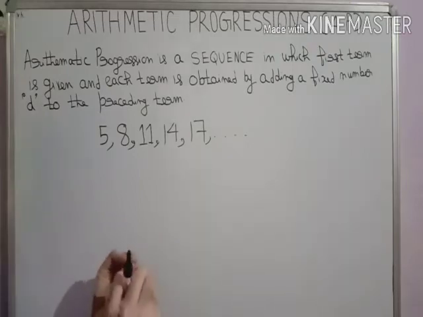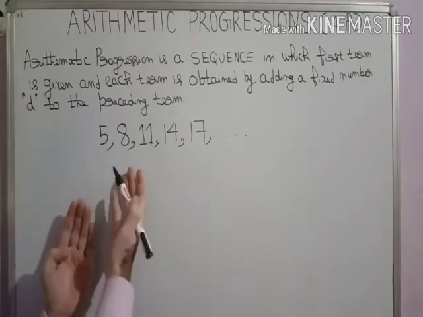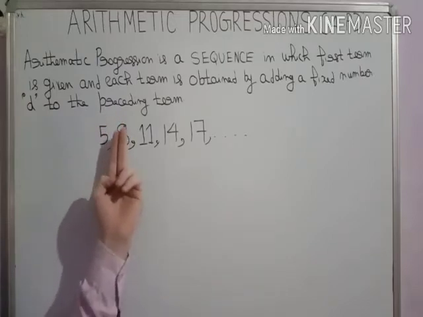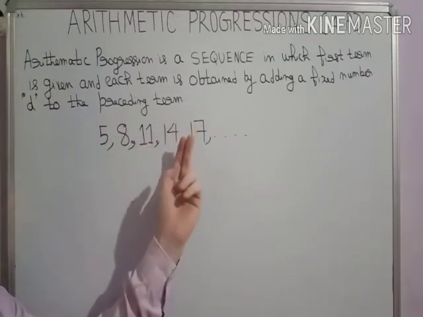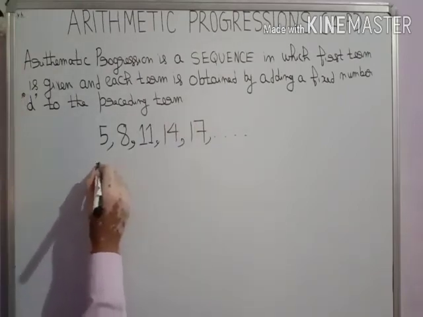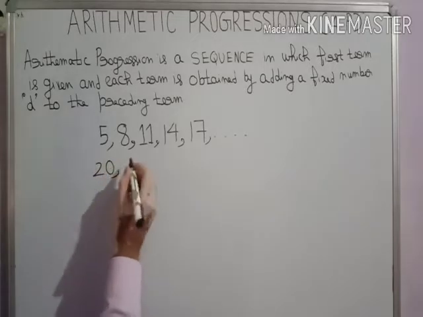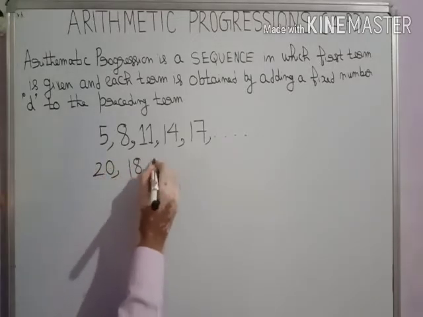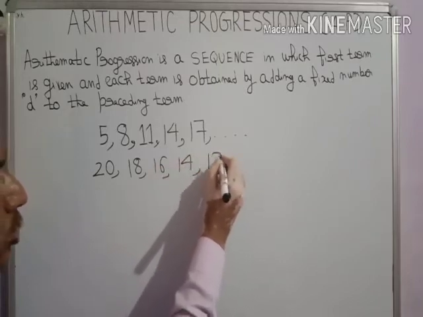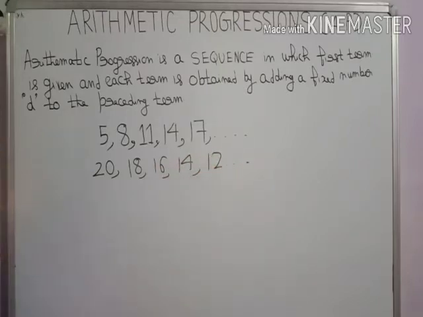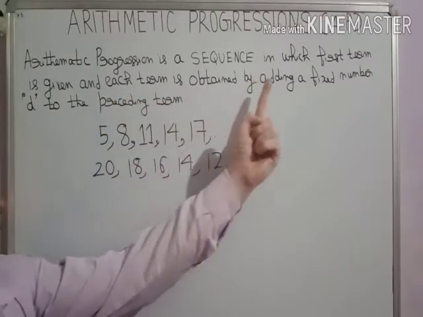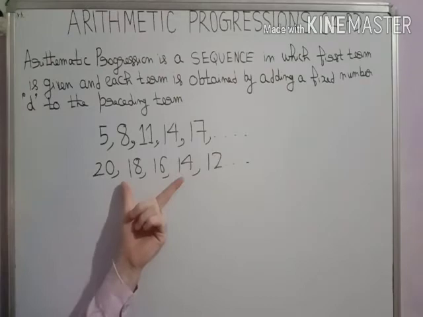And it does not mean that in an AP our numbers will increase, like first 5, then it becomes 8, then 11, 14, 17. It can also be like this. Suppose that I start from 20, then 18, then 16, then 14, then 12, like this. You can say, sir, as per the definition, each term is obtained by adding, but here you are subtracting.